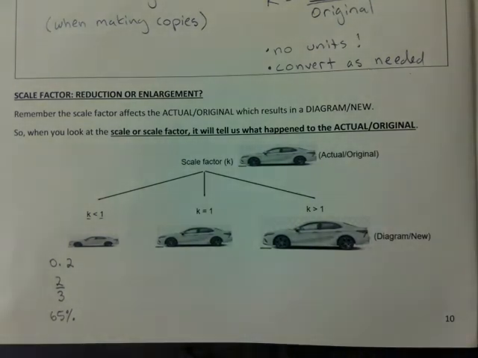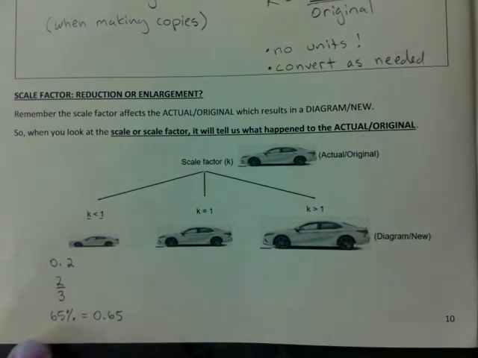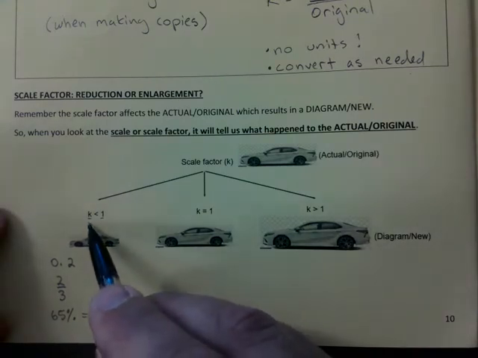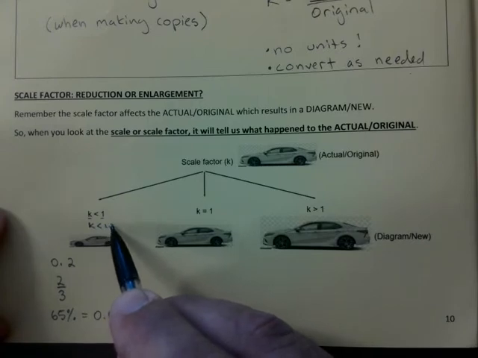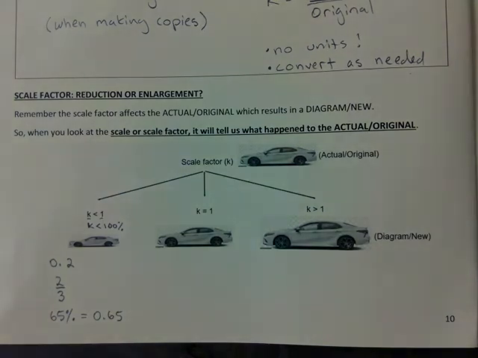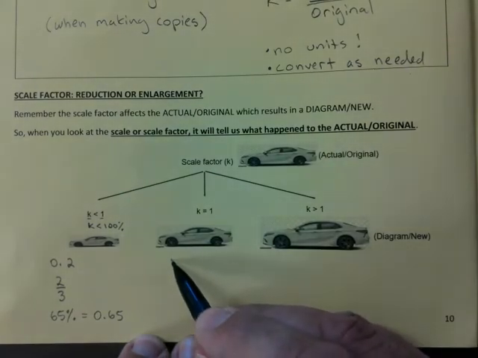Would you agree with that? 65% is less than 1? Because what is it turned into a decimal? When you write 65%, it is really 0.65. So I will say this. I will add that k is less than 100%. If you want to write that down, if that helps you, write it there. Okay. If k is equal to 1, it's identical, right?